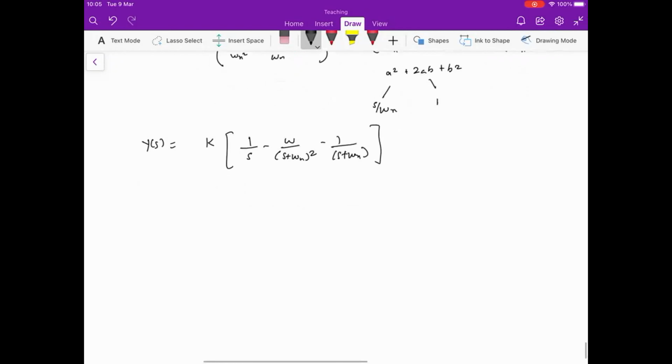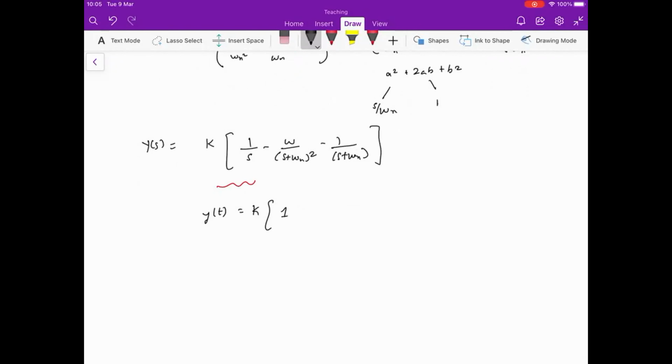When we do that, this first one is just k over s, so we get y(t) equals k. The inverse transform of 1 over s is 1. That's what we get straight away from table 5.4.